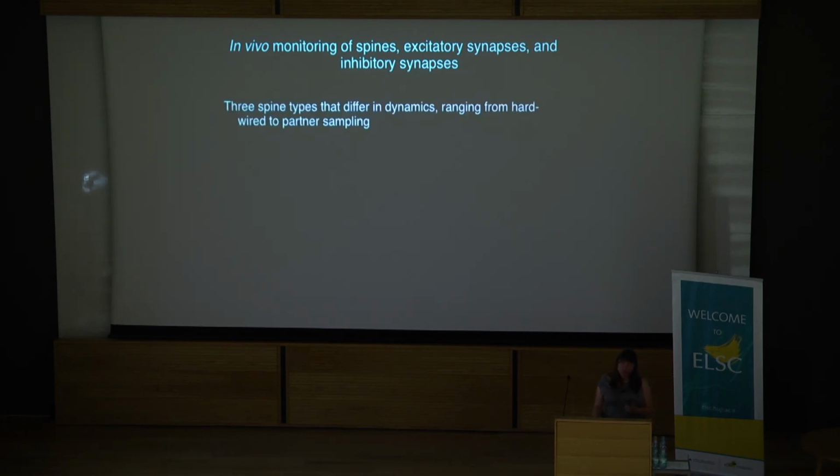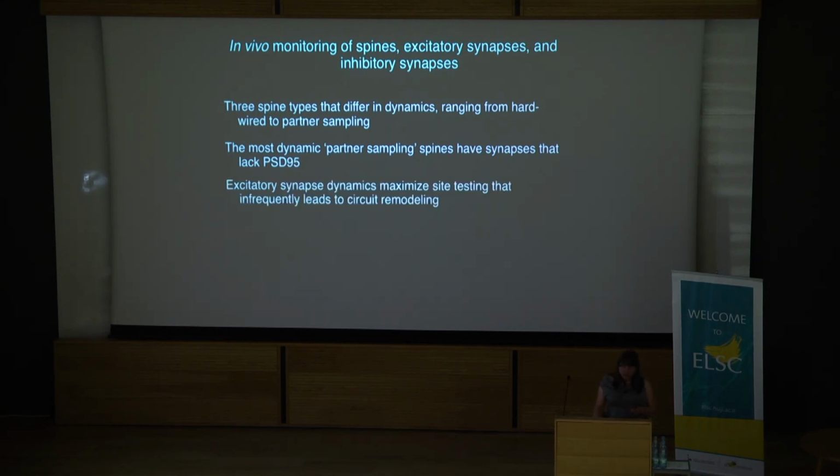One is that there are actually three types of spines that differ in their dynamics, ranging from hardwired to ones that are partner sampling. The most dynamic spines are the ones that lack PSD95, and the logic of that seems to be about maximizing site testing, and infrequently leads to remodeling.